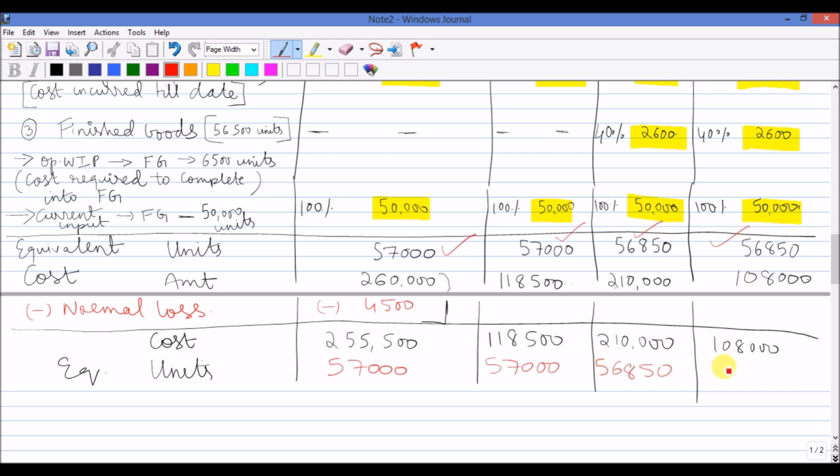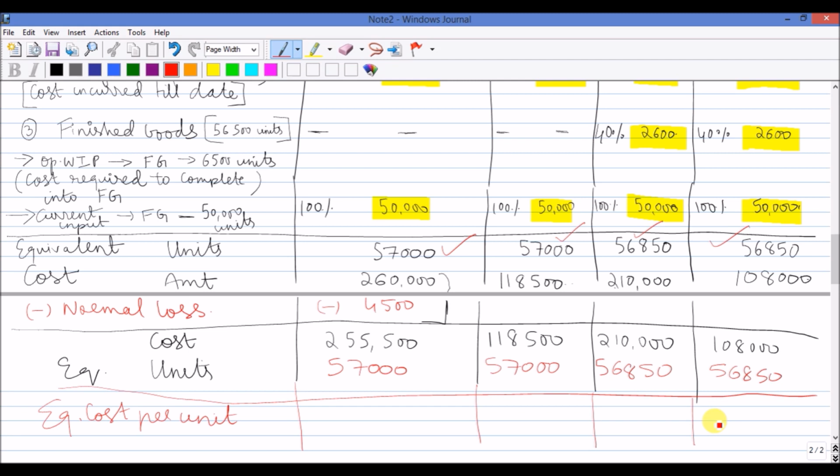And here friends, again it is 56,850. Then friends, I am going to get the equivalent cost per unit, and it's very simple. You need to divide. 2,55,500 is for 57,000 units. So how much is per unit cost?